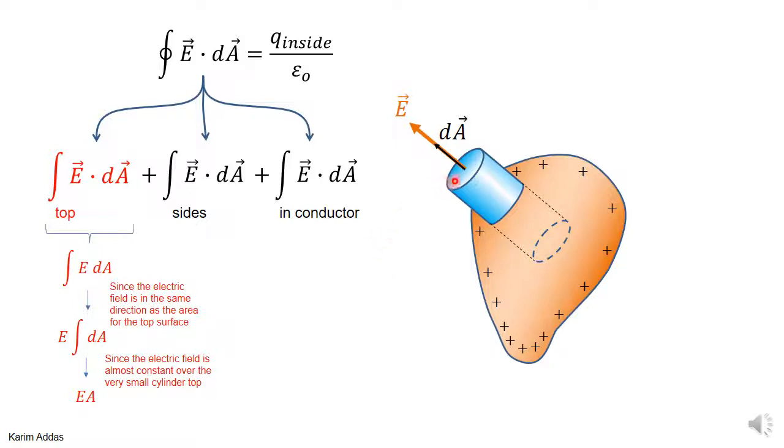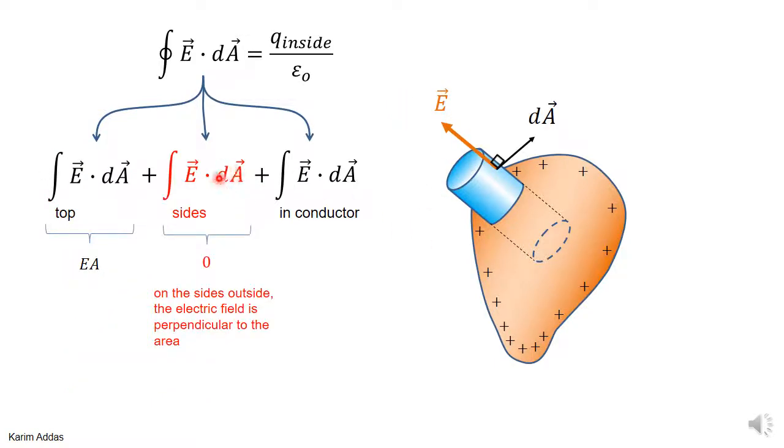For the top part, the electric field and area vectors are in the same direction, so E dot dA becomes E dA. We make the cylinder face very small, so anywhere on the face, as the size shrinks to 0, the electric field has pretty much the same value. So we can take E outside of the integration, and the integral of dA is just the area. So this term becomes E times the area.